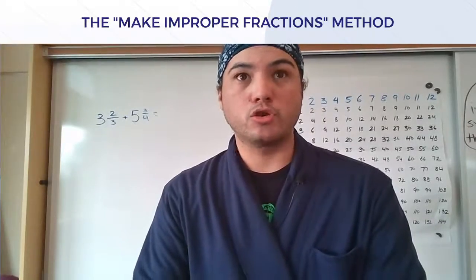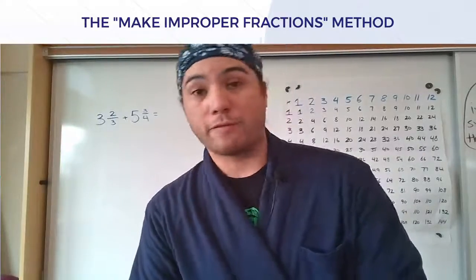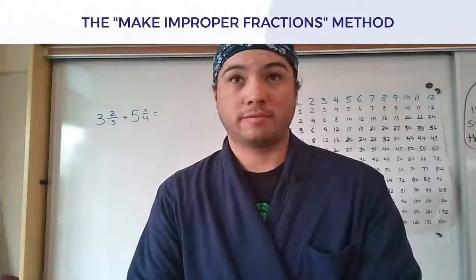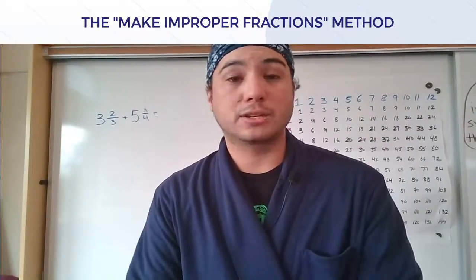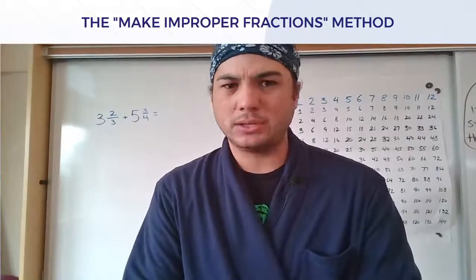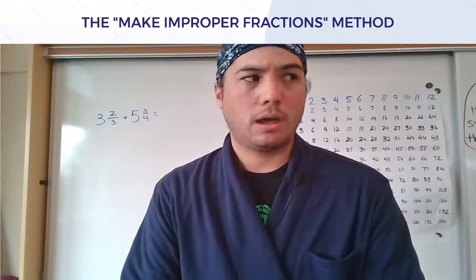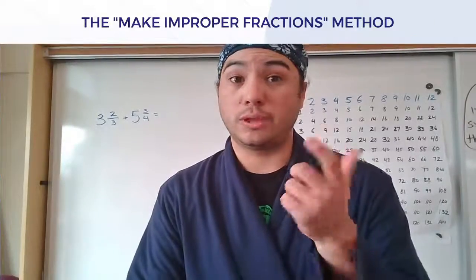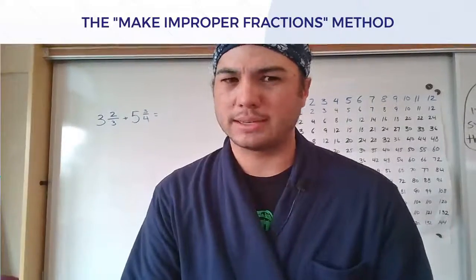If there are more numerators than pieces that fit into 1, like 3/2, 5/4, 10/5, 100/7, okay? That fraction is greater than 1, and we can convert it into a mixed number. We can also do the inverse. We can take mixed numbers and convert them into improper fractions, and we're going to do that today.